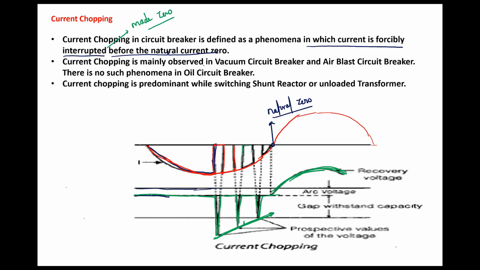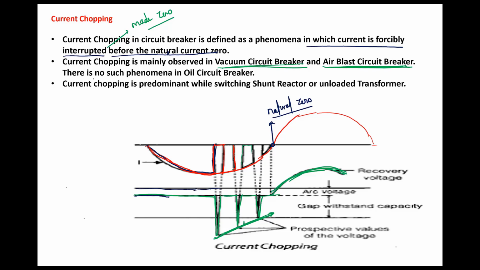Current chopping is mainly observed in vacuum circuit breakers, because in vacuum the dielectric strength builds very fast, so definitely the current chopping will happen. The current is interrupted before natural zero. And in air blast circuit breakers, the blast of air will make the current zero before natural current zero.